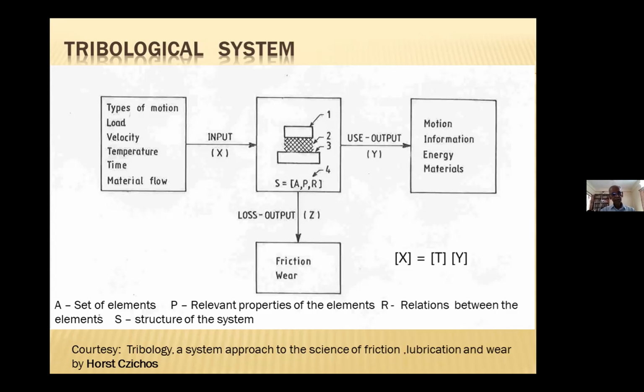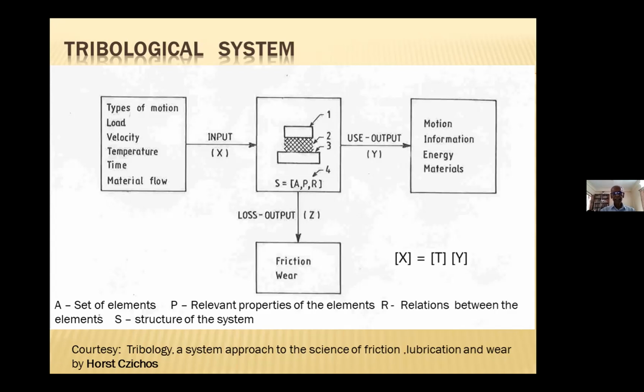Now, Professor Czichos felt that this system can be analyzed as a system matrix. So he thought that we may write input matrix X equals a transfer matrix T and output matrix Y. This is fine, it looks okay. But the problem would be in the transfer matrix.